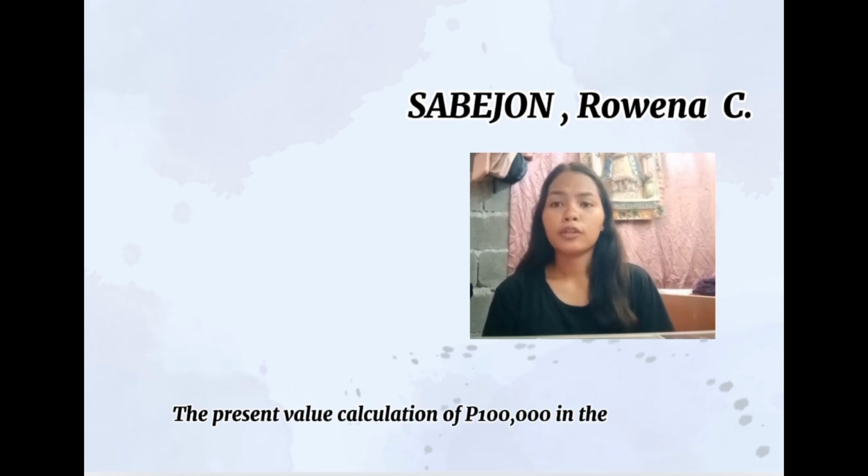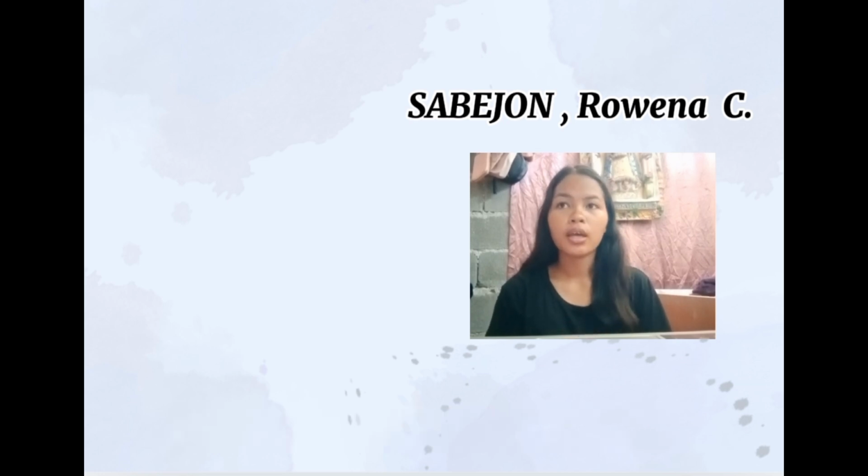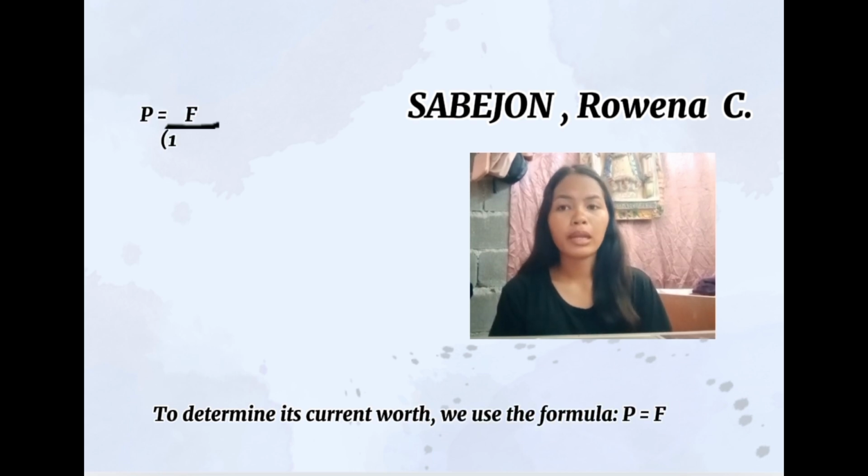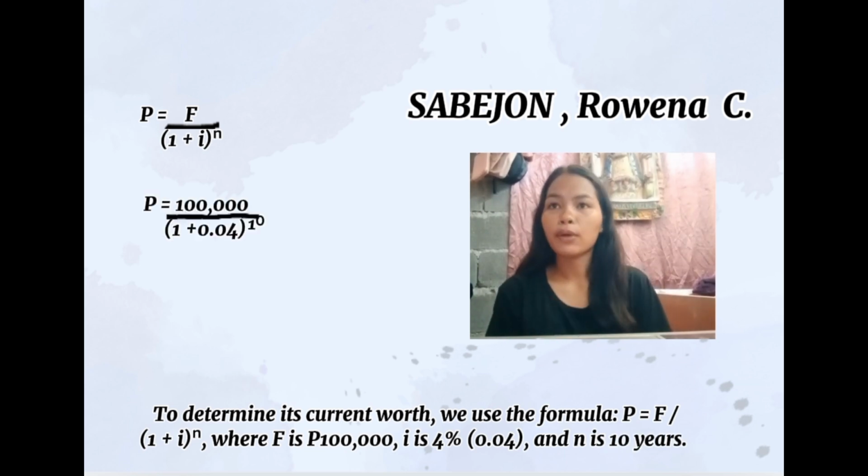The present value calculation of 100,000 in the bond pricing formula accounts for the bond maturing in 10 years. To determine its current worth, we use the formula P equals F over (1 plus i) raised to n, where F is 100,000, i is 4% or 0.04, and n is 10 years.